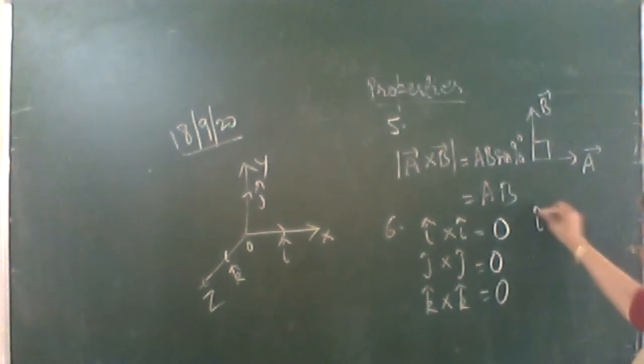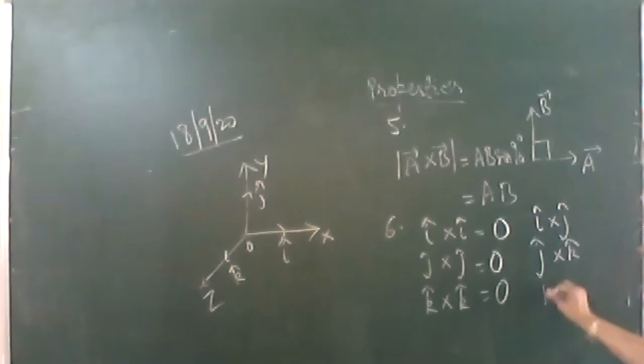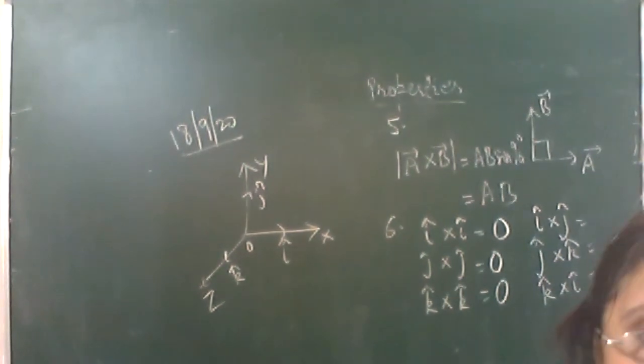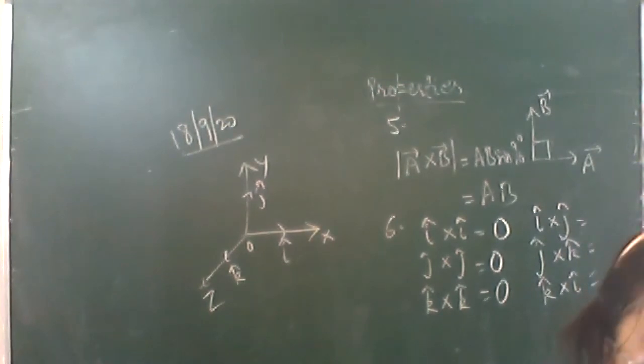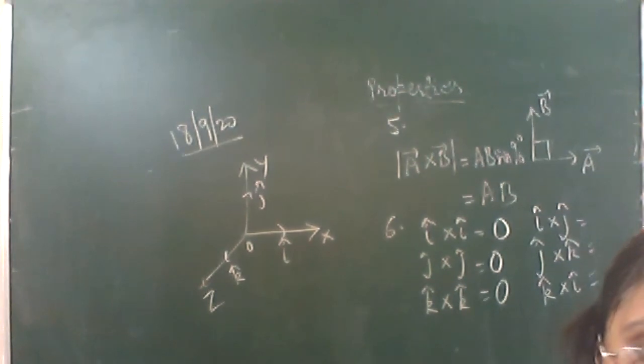Now find out i cross j vector, j cross k vector and k cross i vector. Again, I give you 15 seconds. Now i cross j vector is some vector quantity. The angle between i and j vector is 90 degree.